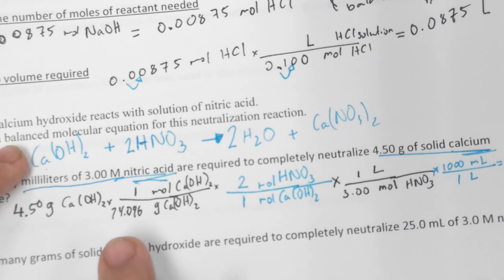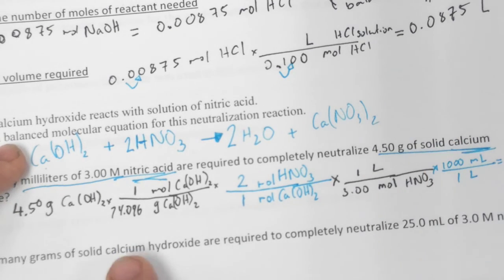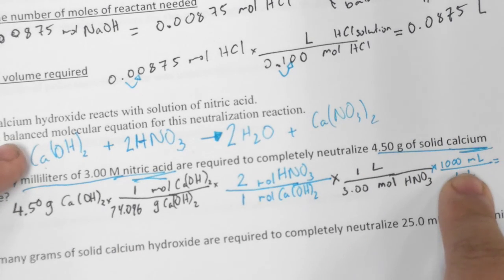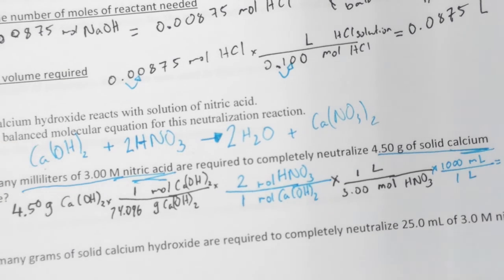So 3 divided by that, let's see, about 120 or a little bit more than that. So that would be 500? No, 50. Less than 50, I would say.